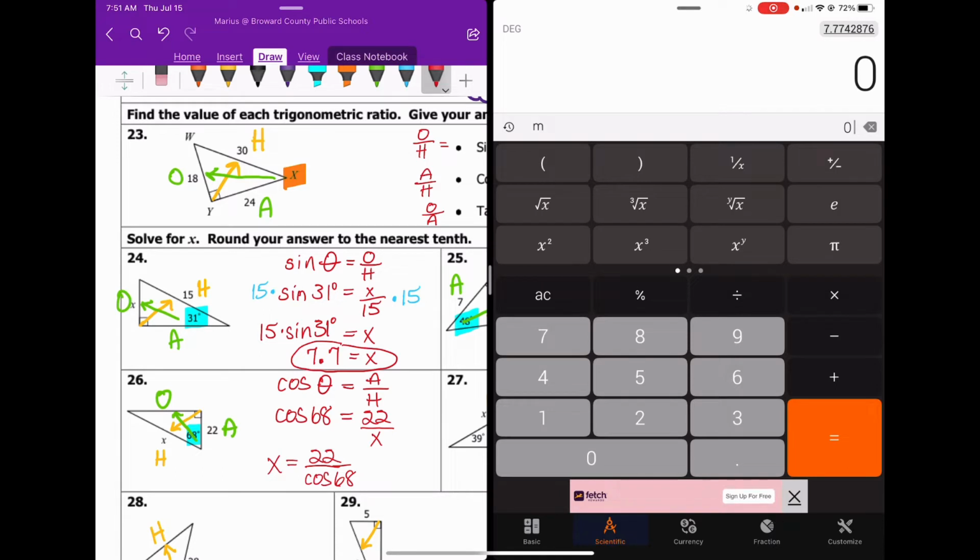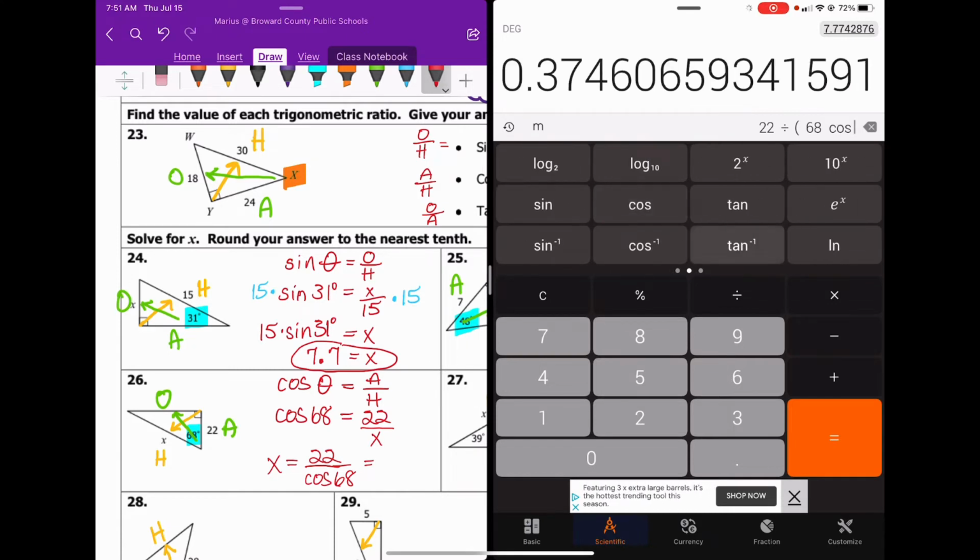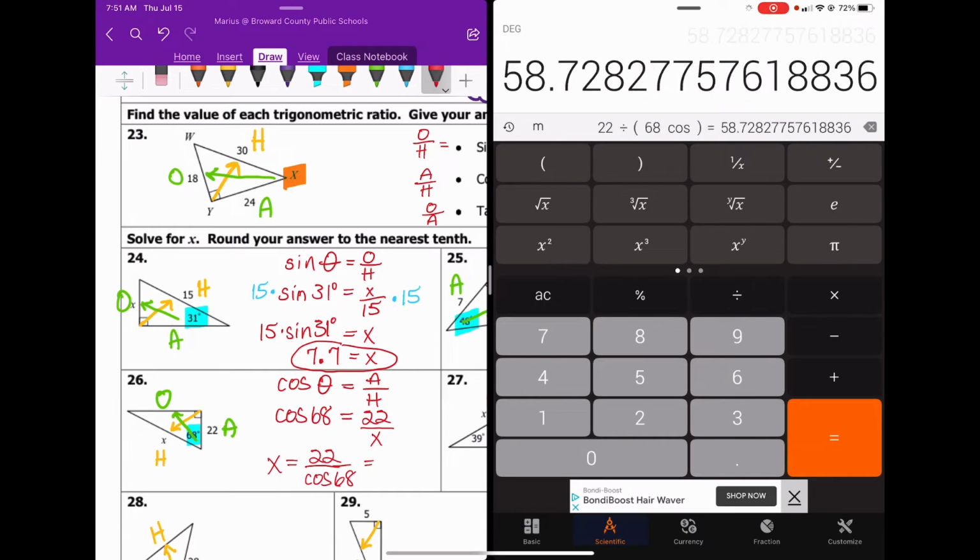And then we just need to figure out what that equals. So I'm going to do 22 divided by, then I'm going to put parentheses, 68, and then I'm going to hit cosine. Okay, and then I'm going to close my parentheses and hit the equal button. So now I know that x is equal to 58.7, because remember they want it to be in tenths, to the nearest tenth.